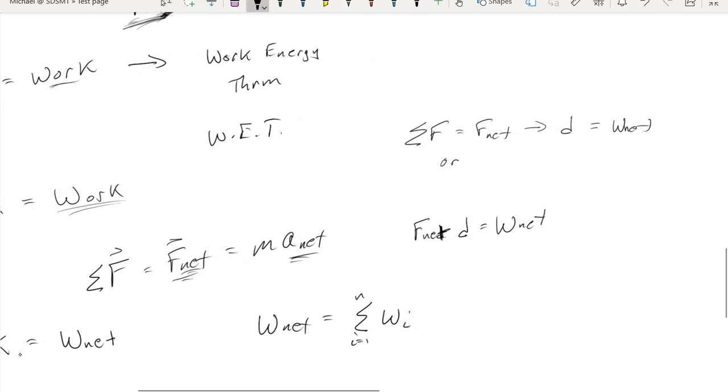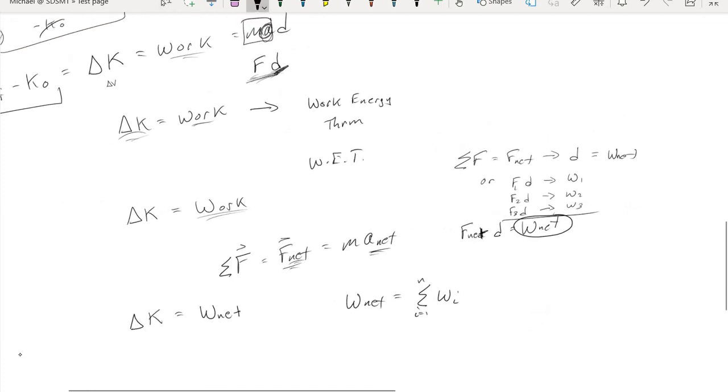Or we could take each individual force times the displacement, and given how many forces there are in the system, each force would do an individual amount of work, which we could then add up to make the net work.